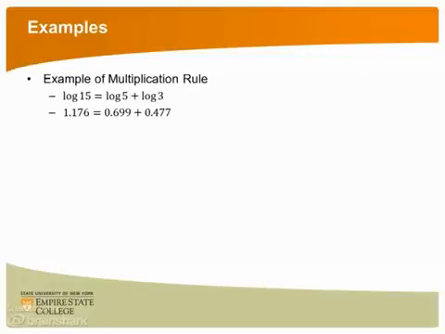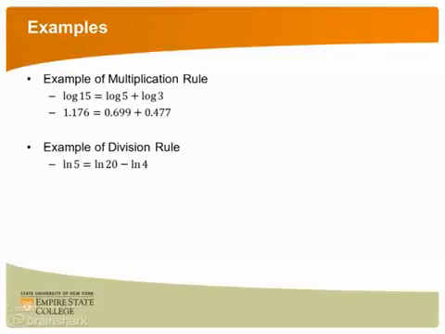The common log of 5 is 0.699. And the common log of 3 is 0.477. Doing a quick check, 0.699 plus 0.477 does indeed equal 1.176, so the rule works.